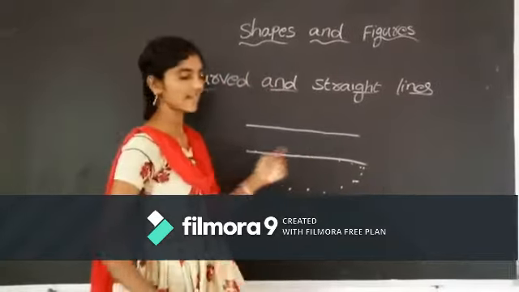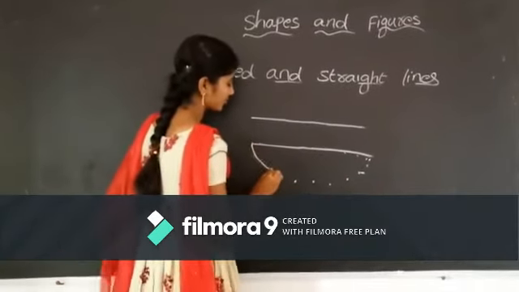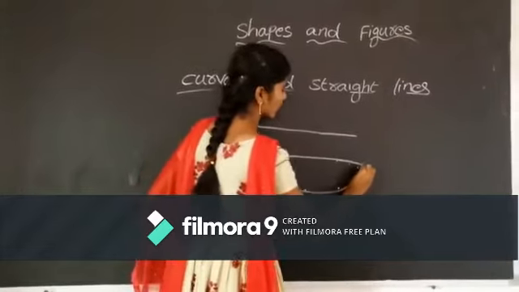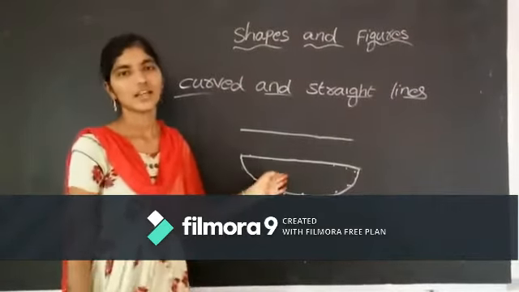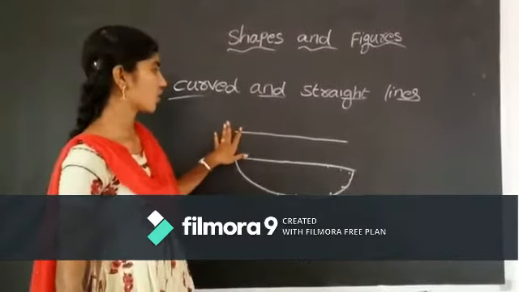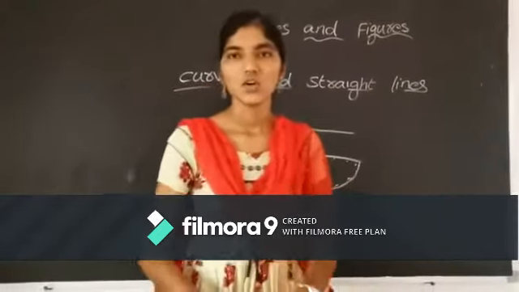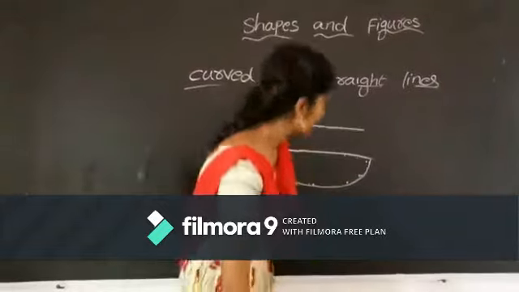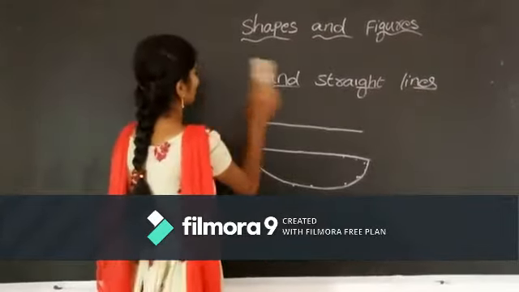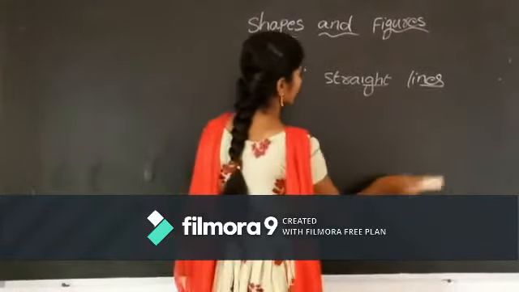This is also a straight line. And this is a curved line. We can use dots to draw straight lines and curved lines. Okay students? This is the curved and straight lines. Next is tessellation.